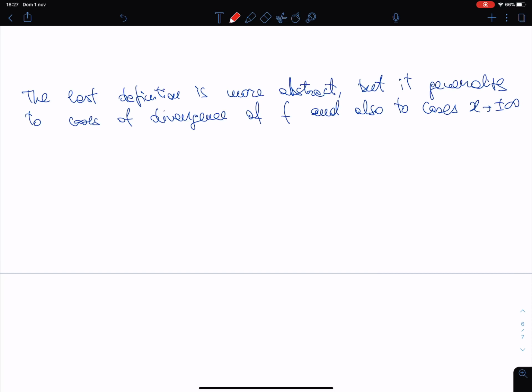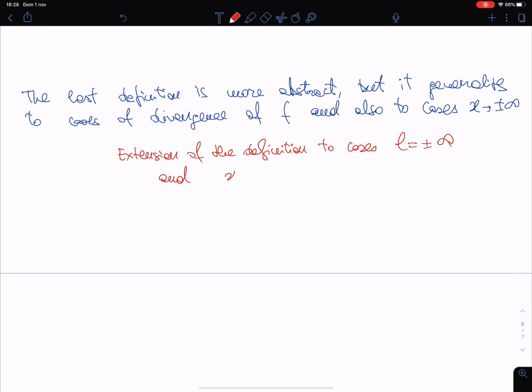So, extension of the definition, the last one in particular, to the case L equal to plus minus infinity and x bar equal plus minus infinity.